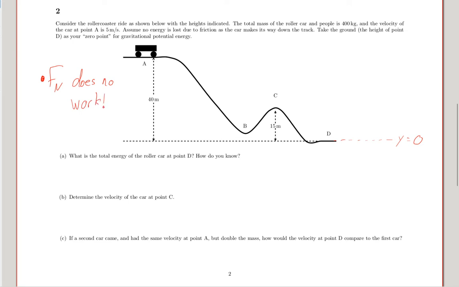So in that case, the total mechanical energy is conserved. At point D, we're going to have lots of kinetic energy. At point A, we have lots of potential energy. And as we go from A to D, potential energy is being converted into kinetic energy.